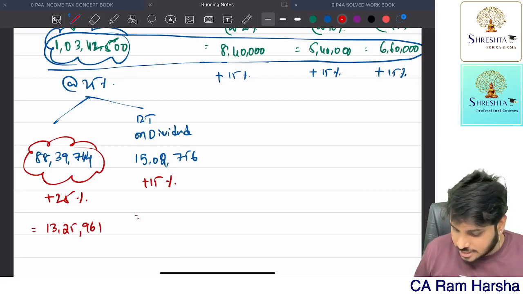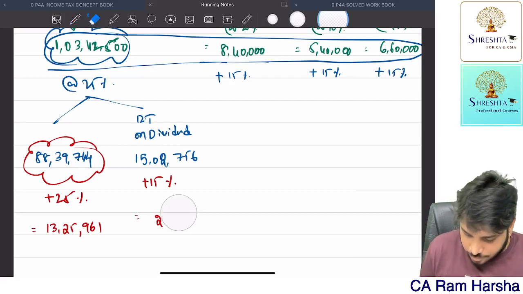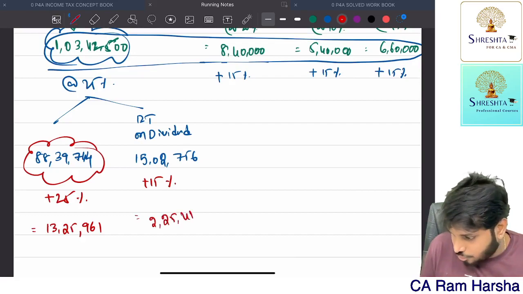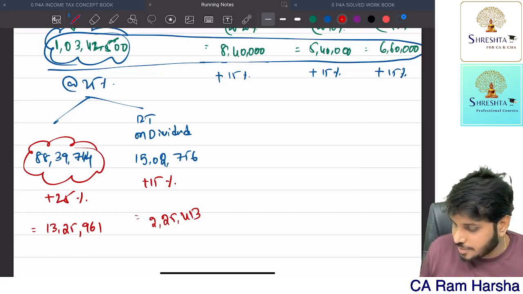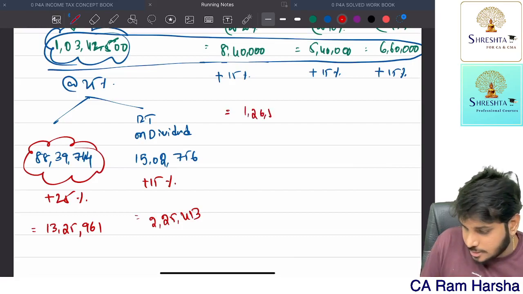Now on dividend, surcharge is 15 lakh 2,756 multiplied by 15%, so 2 lakh 25,413. What is the surcharge applicable on capital gains? 15%. Surcharge is 1,26,000.